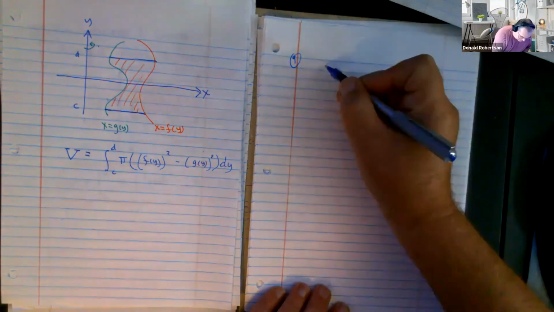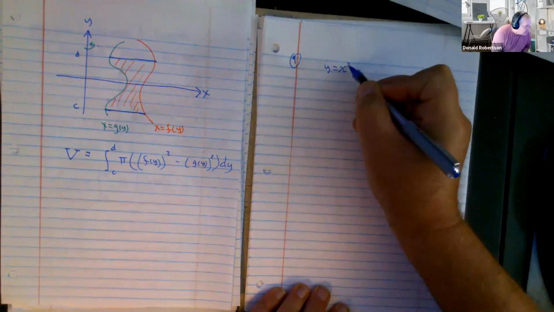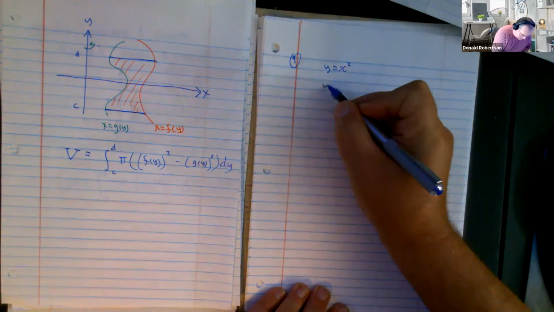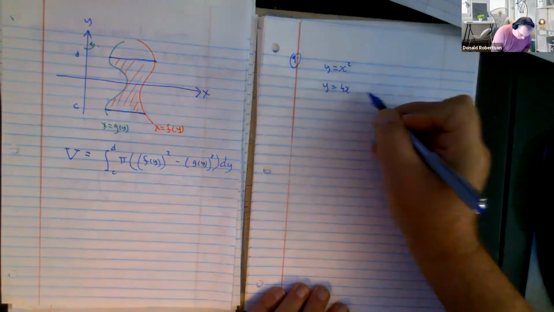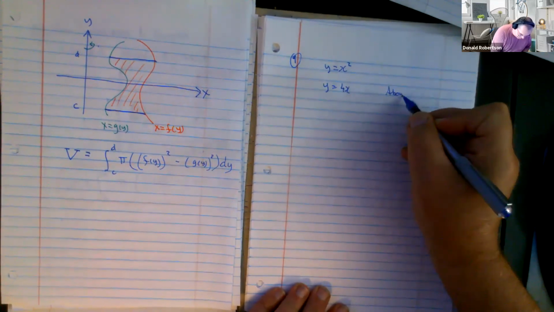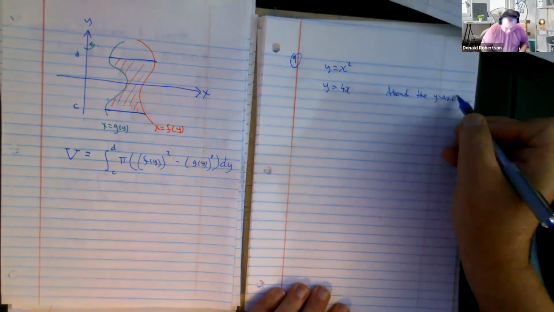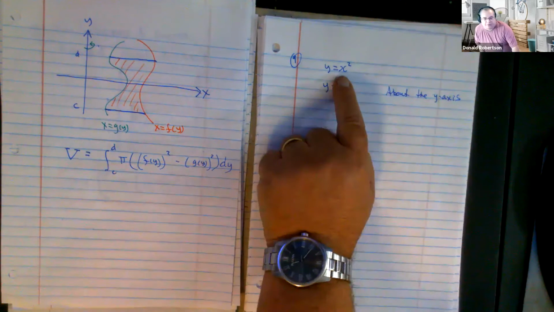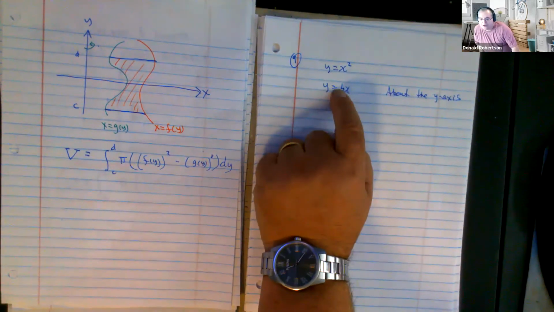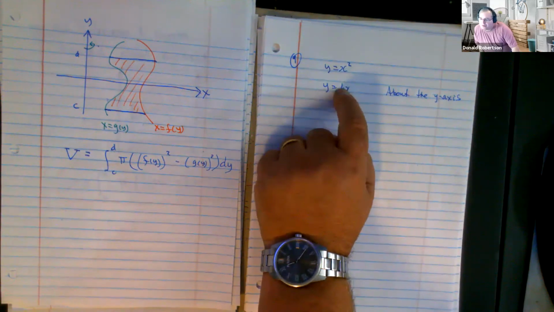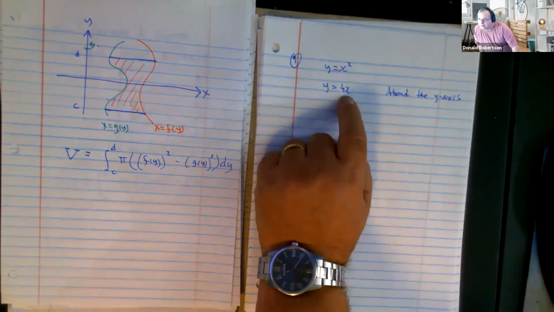This guy looks wrong. He is not wrong, but he looks wrong. If you just scanned this, wouldn't you think it's one of those two, the area between two curves rotated about the x-axis? And the reason you would think that is because of the way the information is given.